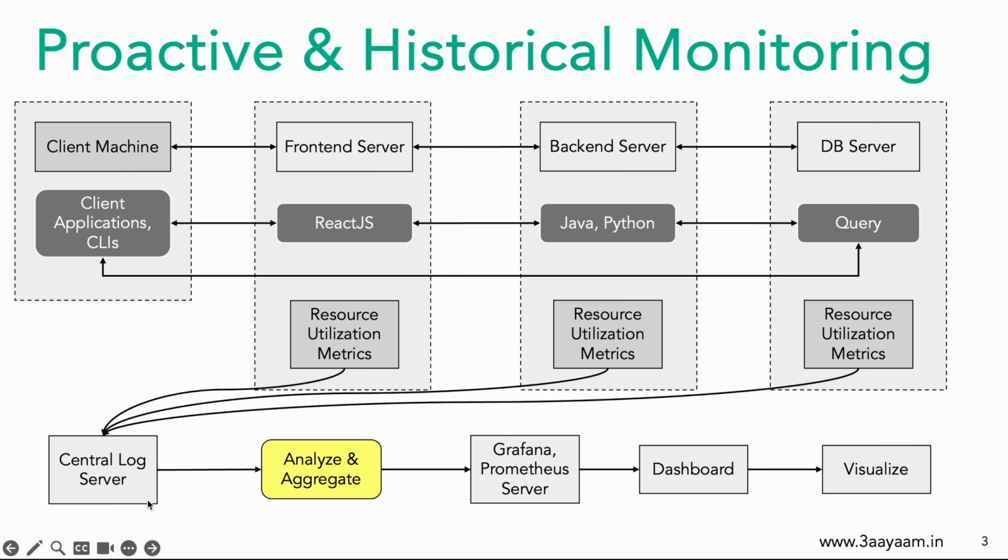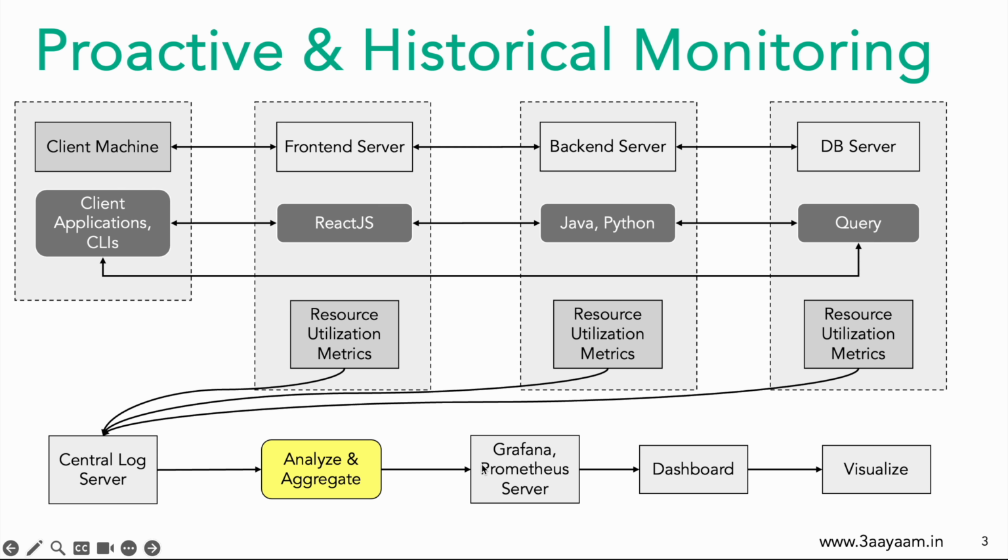Typically, the central log server would contain all the resource utilization metrics or data points in files. From there, we have to do various aggregations and analysis, and then we put the results in monitoring servers like Grafana and Prometheus.